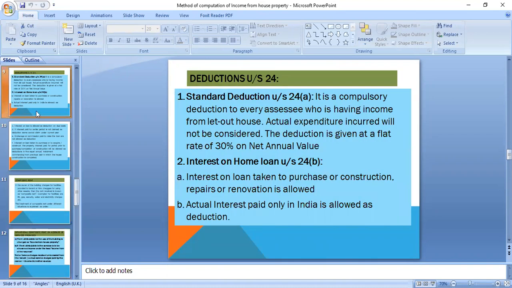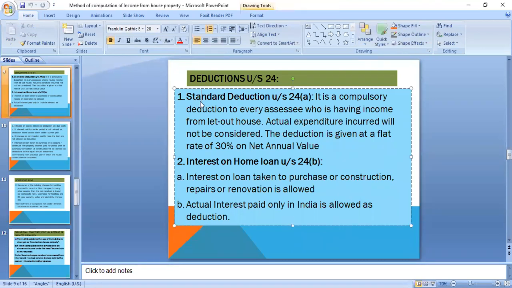income from house property. As you might have seen in the format, standard deductions are allowed under section 24. What are these deductions? Under section 24, it is a compulsory deduction given to every assessee who has income from a let out house.